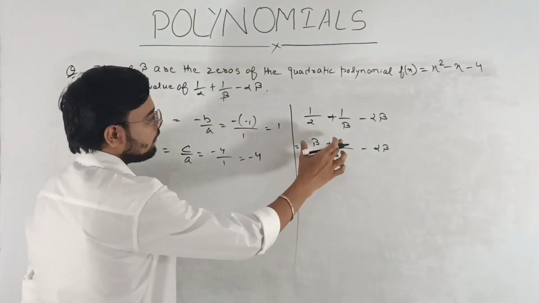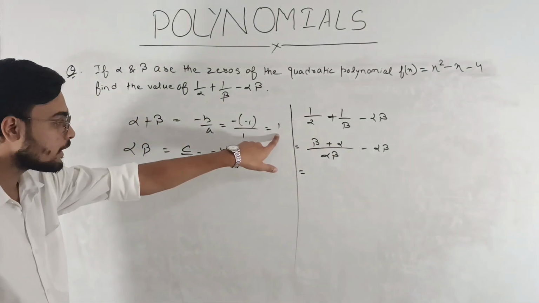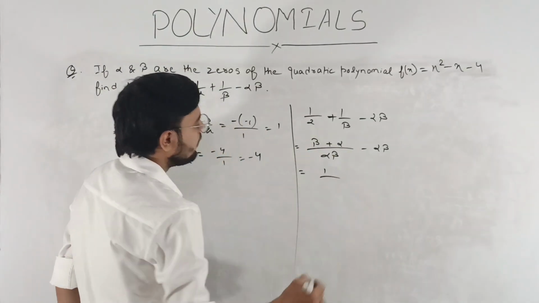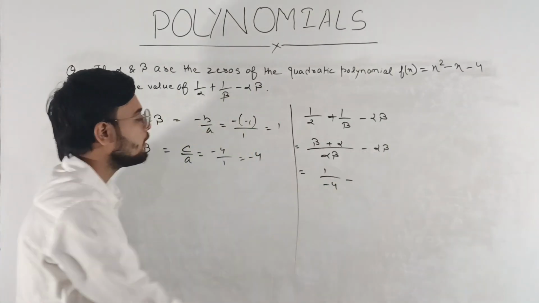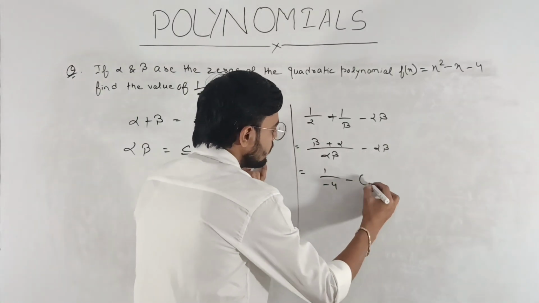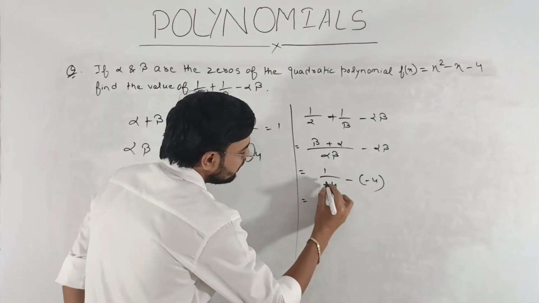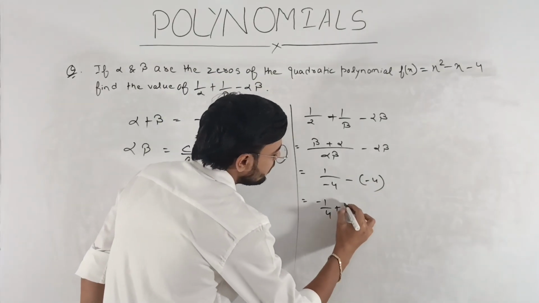Now alpha plus beta is 1 and alpha beta is minus 4. Now minus alpha beta is plus 4. So this one becomes minus 1 upon 4, and this is plus 4.